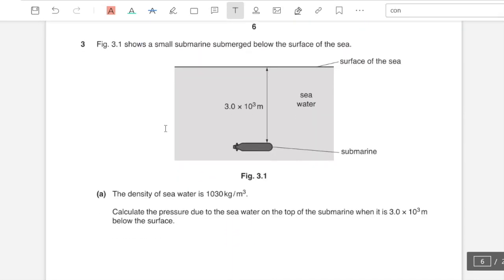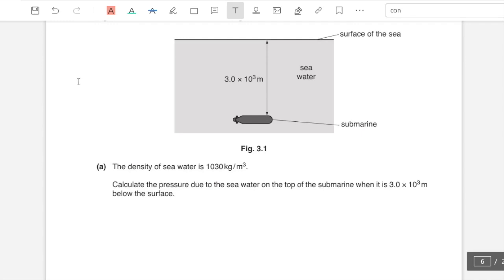Moving on to question number 3. Figure 3.1 shows a small submarine submerged below the surface of the sea. A. The density of the sea is 1030 kg per meter cube. Calculate the pressure due to the seawater on top of the submarine when it is 3 into 10 to the power of 3 meters below the surface.